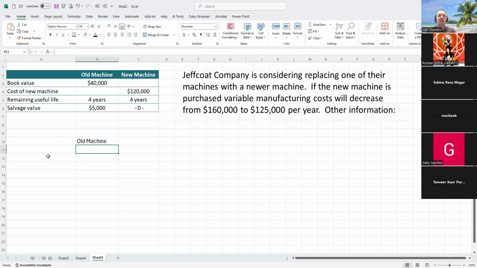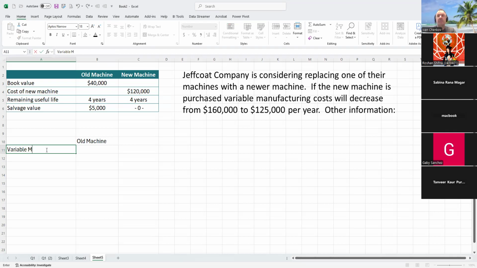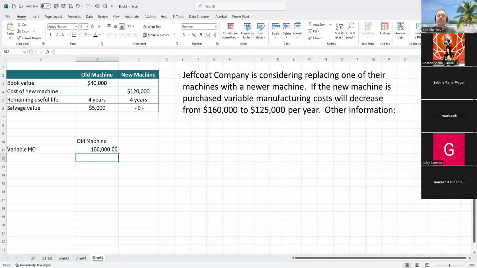That will be the variable manufacturing cost. If we keep the old machine, our cost will be 160,000, correct? Are you guys with me? Yes.